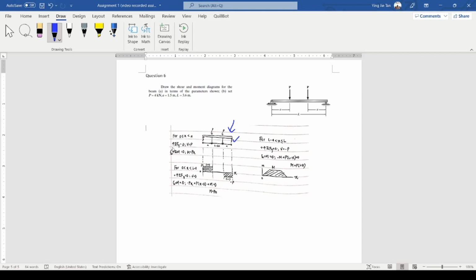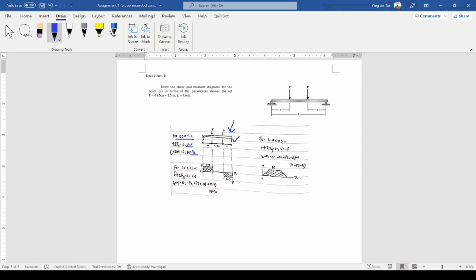And then we can consider the vertical component, and then you will get V equals P. And then we check the moment, which will be 0, and then your M will be Px. Okay, so that is done for 0 smaller or equal to x and smaller than a.